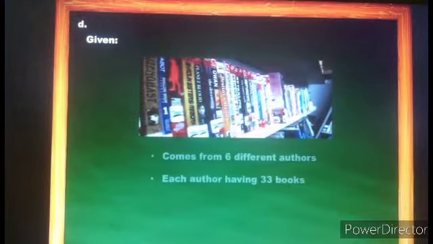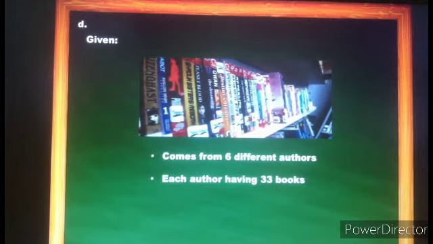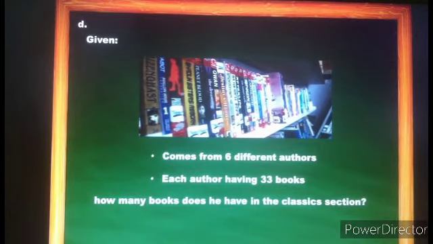The mini library also has a section for the classics. If this collection comes from 6 different authors, each having 33 books, how many books does he have in the classic section? His collection of classics has 6 different authors.